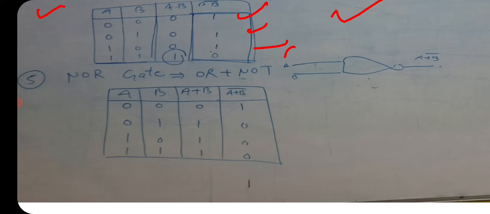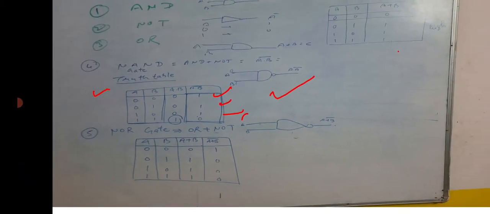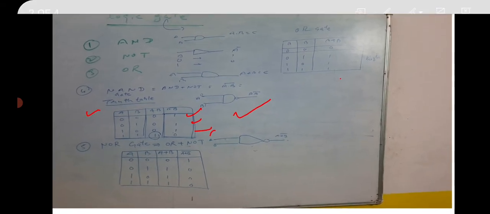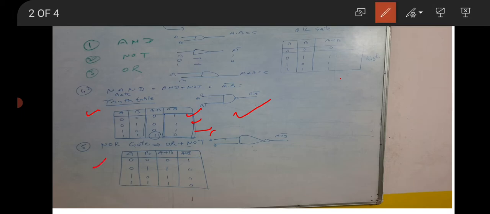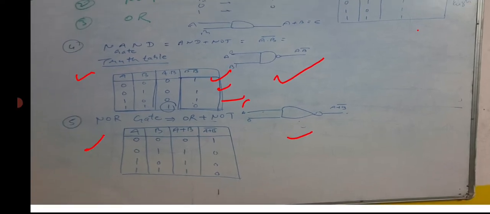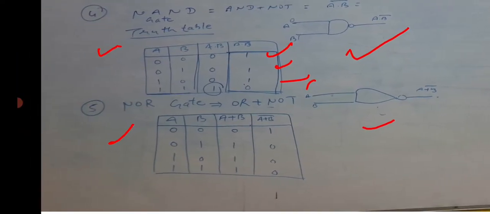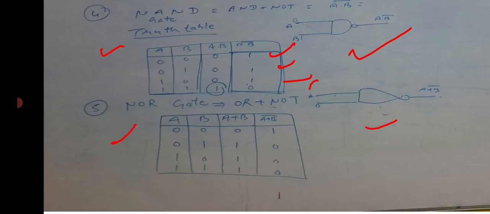Now if we take the truth table for the NOR gate, suppose we have taken A and B as inputs. The value of A is 0, 0, 1, 1 and the value of B is 0, 1, 0, 1.